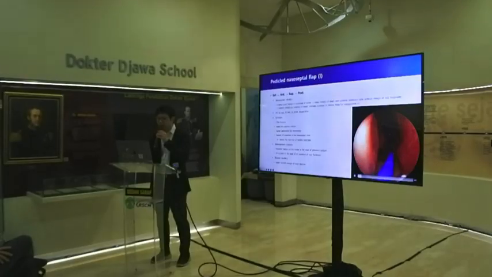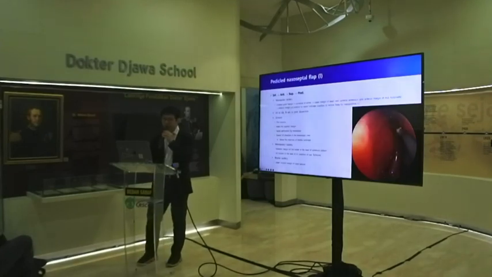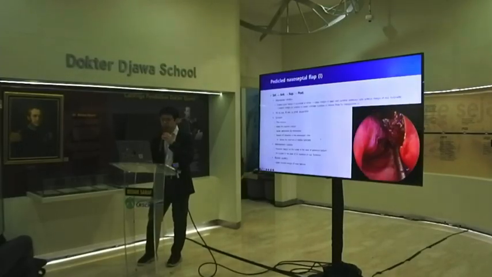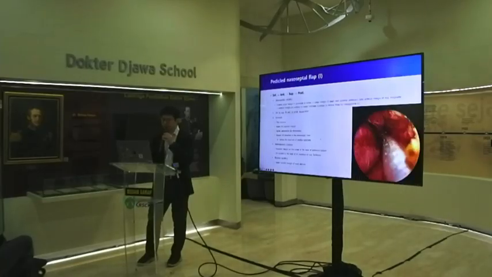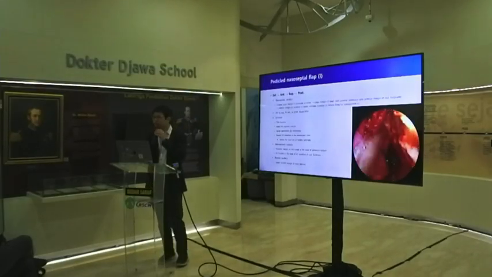The monopolar cautery is used carefully to make the incision. Mostly the incision is made from inferior, anterior, and superior, and lastly the posterior. So getting familiar with this approach and making a well-preserved nasal septal flap is very essential to prevent CSF leak.